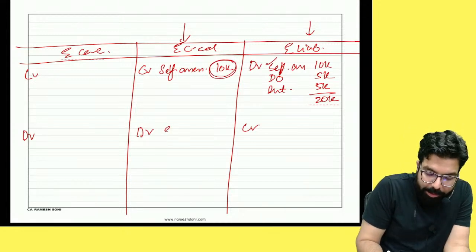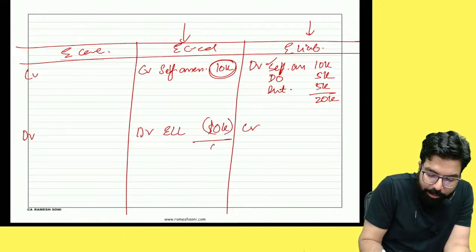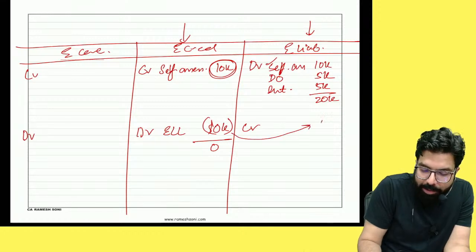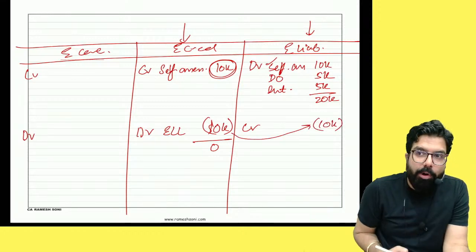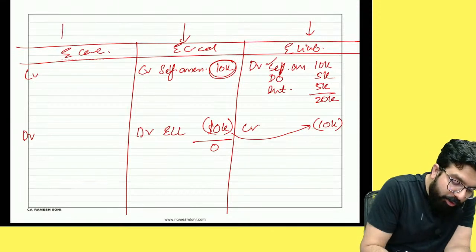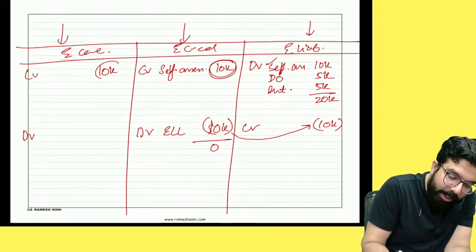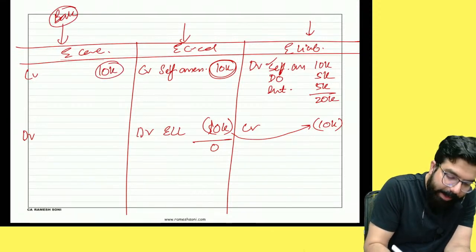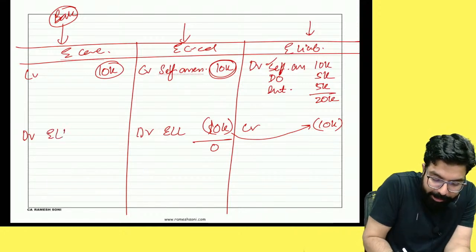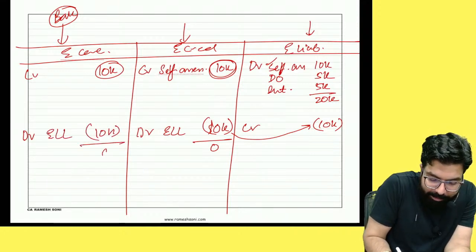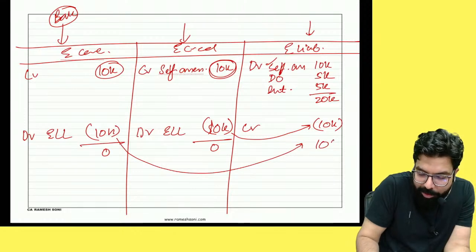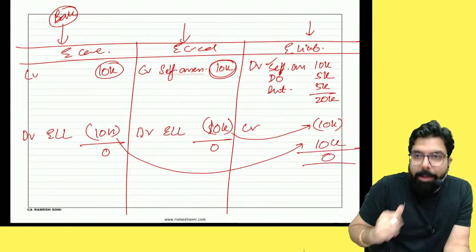You will write over here, I am transferring to the e-liability ledger, 10,000. This will become 0 and this amount will come over here. How much more do you need? 10,000. So you will deposit 10,000 in your e-cash ledger from your bank account, and transfer it to your e-liability ledger. This will become 0, and here you will use it and your payable balance will become 0.